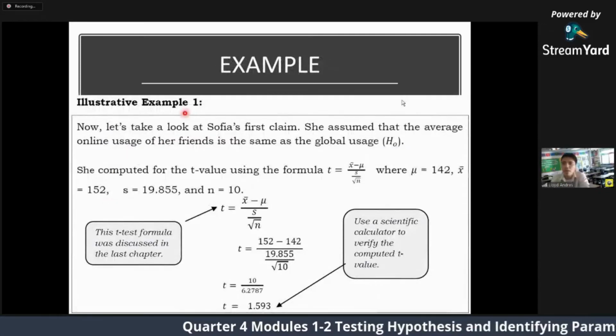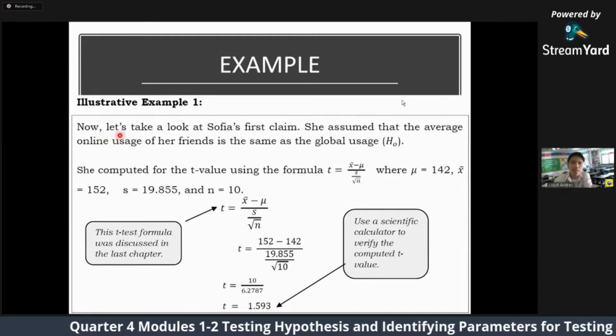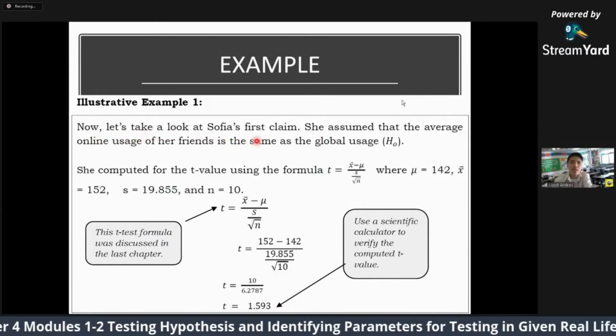So, an example. Now, let us take a look at Sophia's first claim.